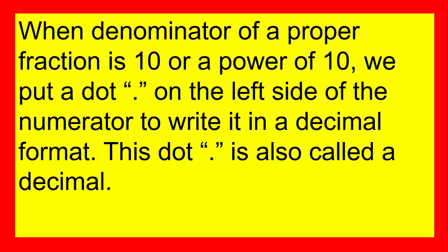So when the denominator of a fraction is 10 or a power of 10, what we do is we can replace that denominator by putting a dot in the numerator.